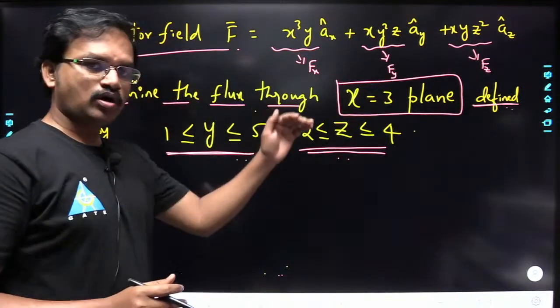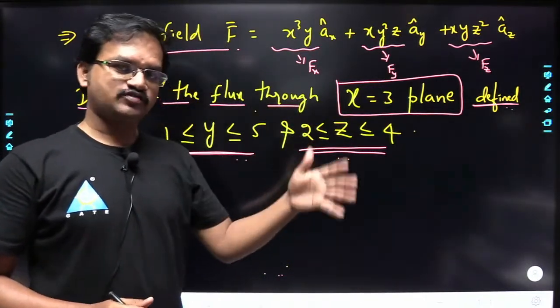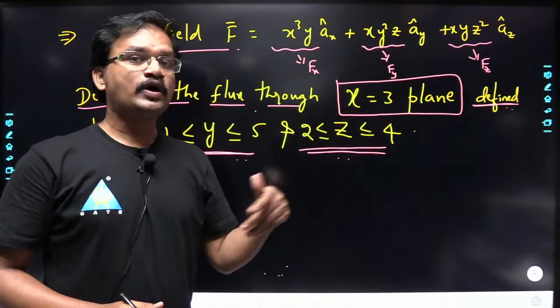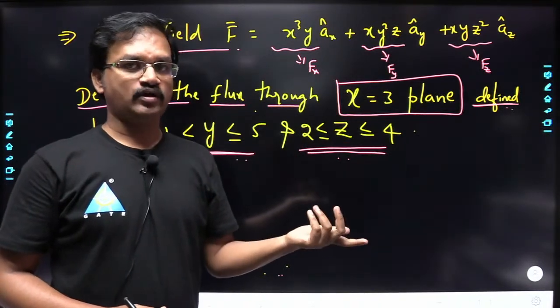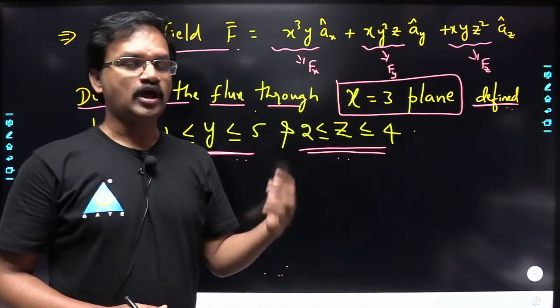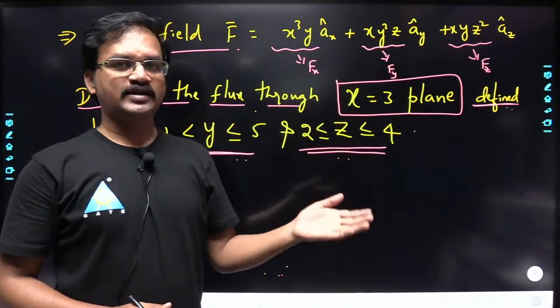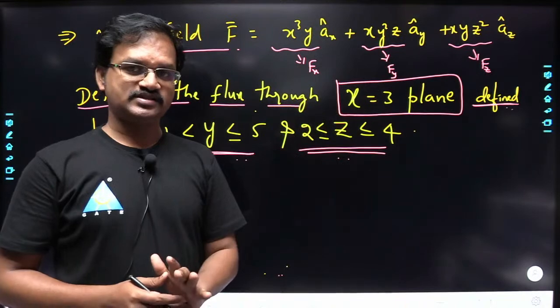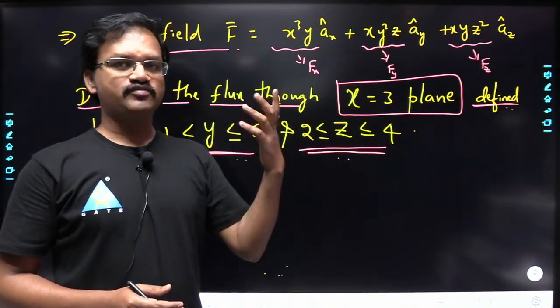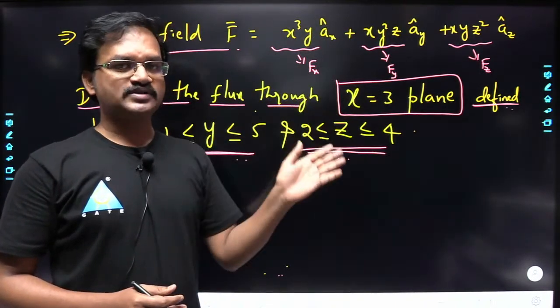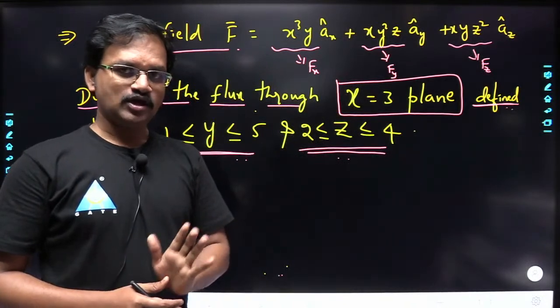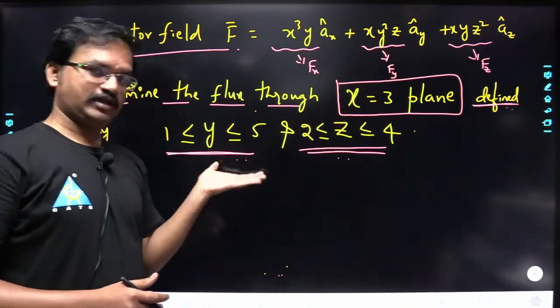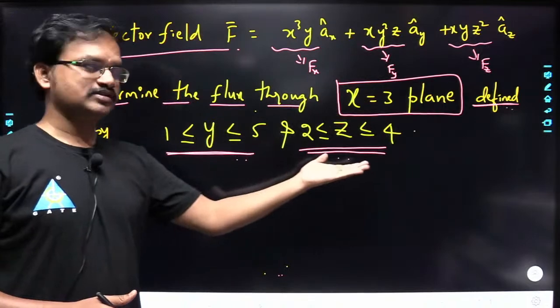See, x is equal to constant plane means on that plane the x value is going to be constant. Only y and z are going to vary. So in general y can vary from minus infinity to plus infinity and z can vary from minus infinity to plus infinity. If you consider minus infinity to plus infinity, then it represents an infinite plane, right? So they have given the range for y and z.